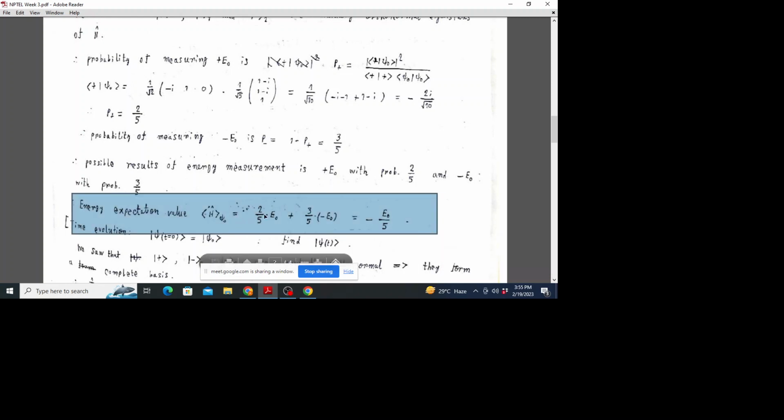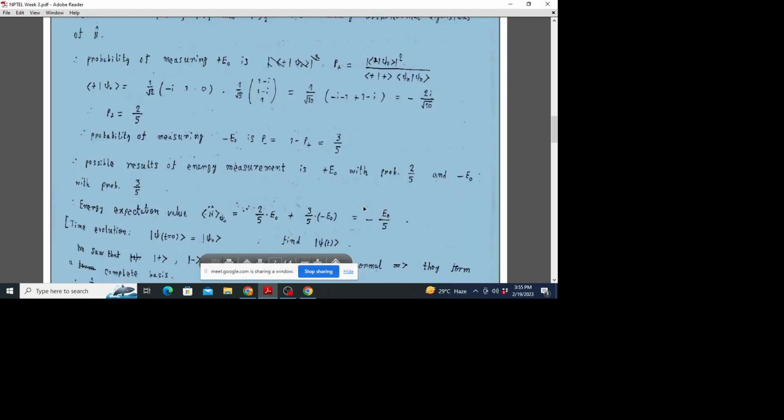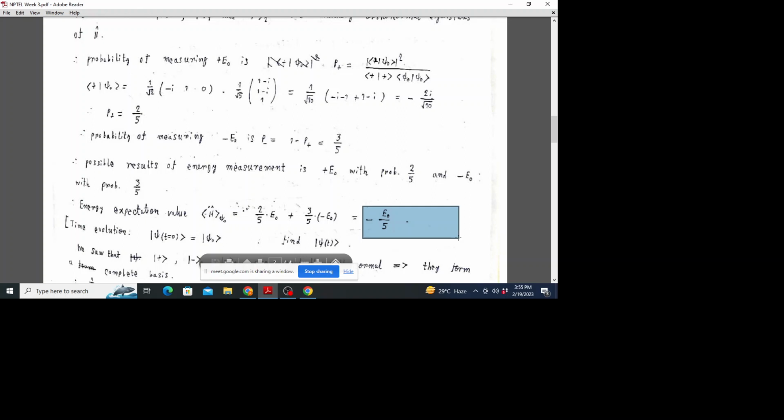Now of course, these are the possible results with the possible probabilities. What is the expectation value? You can directly find it from here. Probability 2 by 5 multiplied by the corresponding value E naught, and probability 3 by 5 multiplied by the corresponding value minus E naught, and that will give you minus E naught by 5. That is the expectation value.